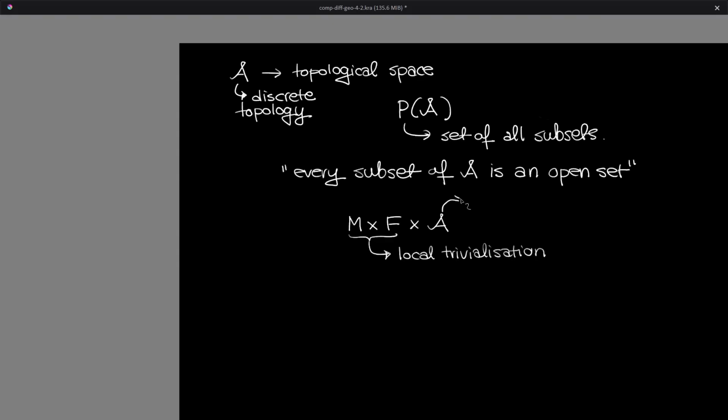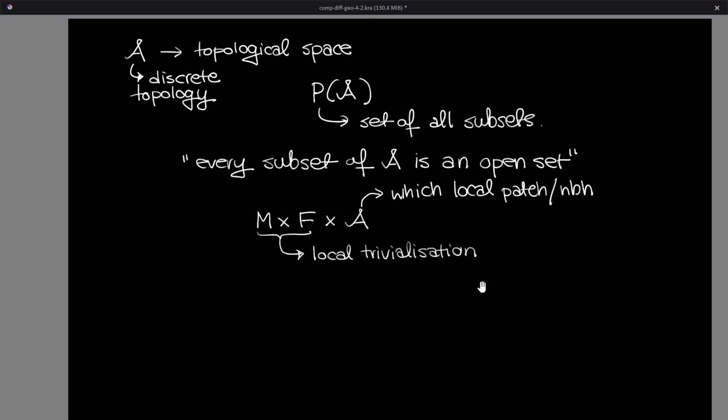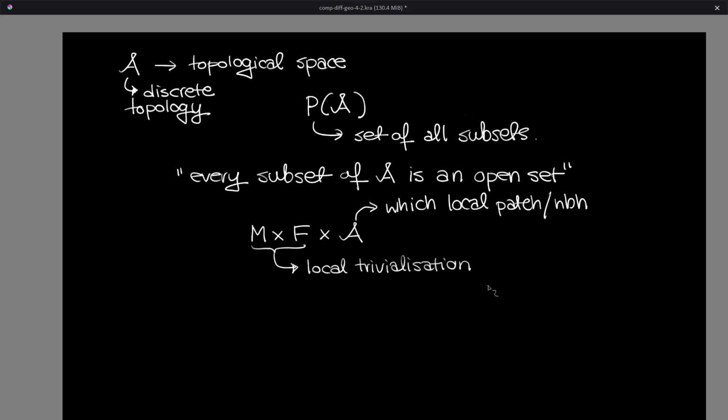You can think of this as just adding on some information about which local patch or local neighborhood we are looking at that trivialization from. This is going to become relevant because we're going to have multiple local patches by which to look at the local trivialization from. So we said, think about the manifold as being diffeomorphic to this product, M cross F over the entire manifold.